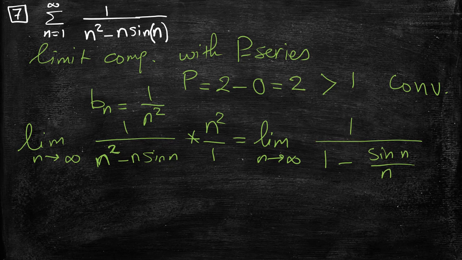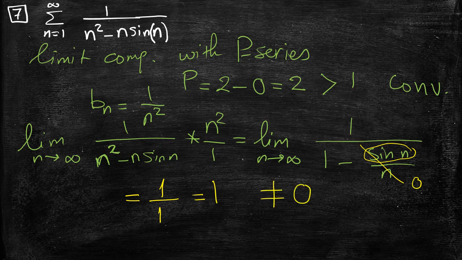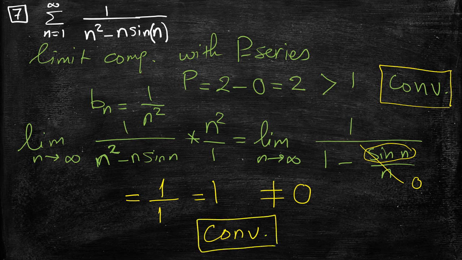At infinity, this term is some number divided by infinity, so this will be 0. So again, as we already predicted at the beginning, the numerator coefficient divided by the denominator coefficient, which is 1. This value is not equal to 0. Then I'm comparing with a convergent series, so my series will be convergent.